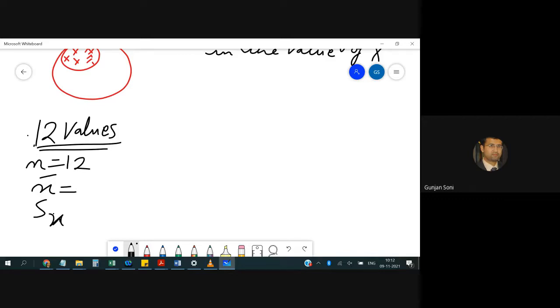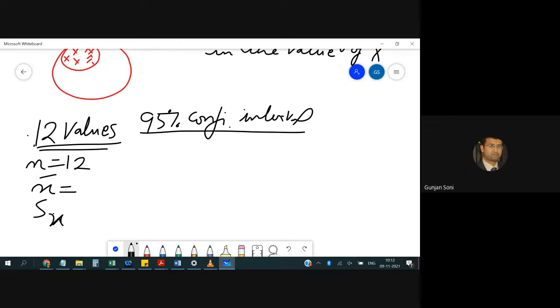What is the 95% confidence interval for the true mean value? So we need to find the 95% confidence interval. Let's say x bar and these values we can take any. So we will consider that later.